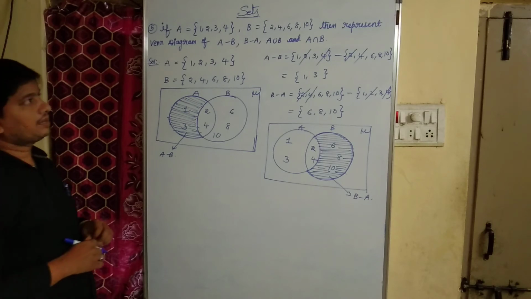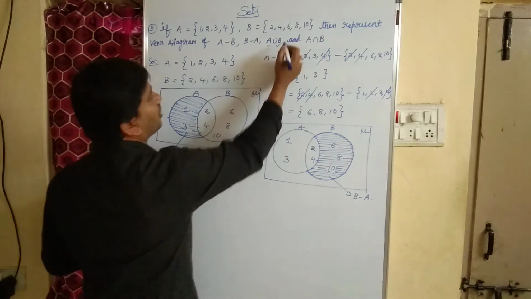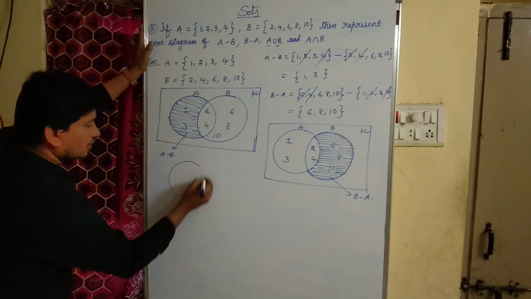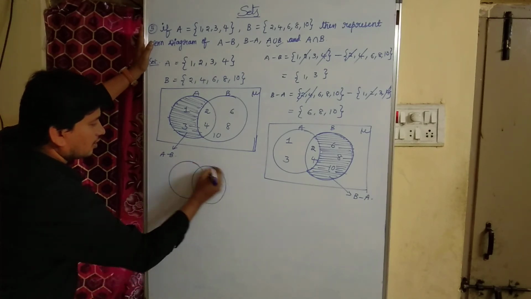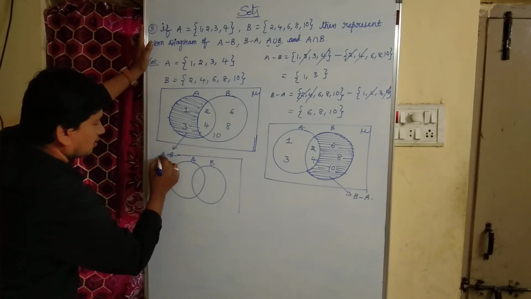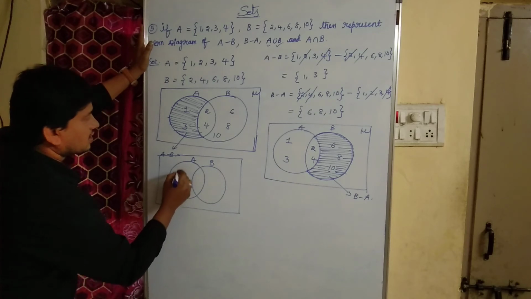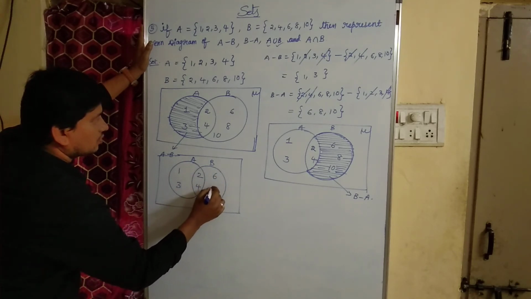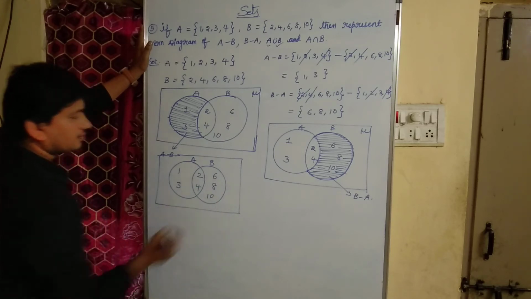Right? Now coming to the third one, A union B. This is our A and this is our B. A means 1, 2, 3, 4. B means 2, 4, 6, 8, 10.